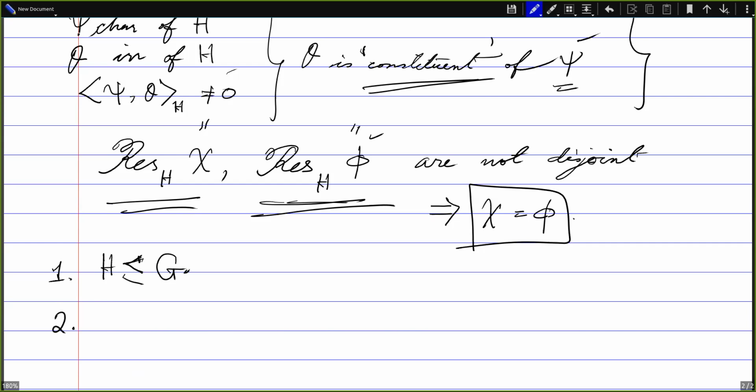The second observation is: suppose in addition that the subgroup H has index 2. Then we have two possibilities.